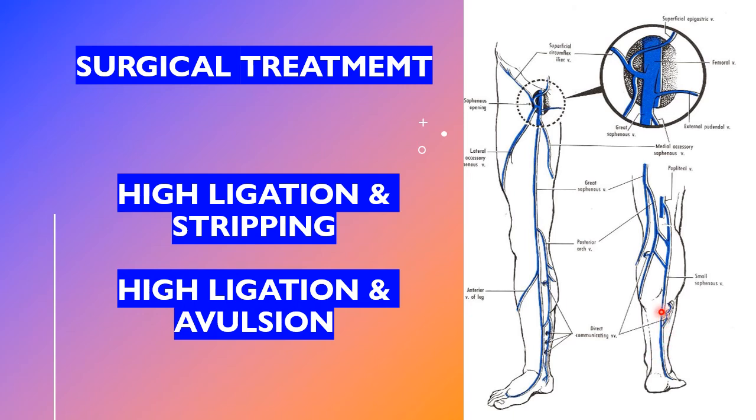Sometimes if the varicosities are very big, then you may have to individually avulse the varicose veins, and that is known as avulsion. So high ligation and stripping is one of the most common open surgical methods used for the treatment of very severe varicose veins with complications.